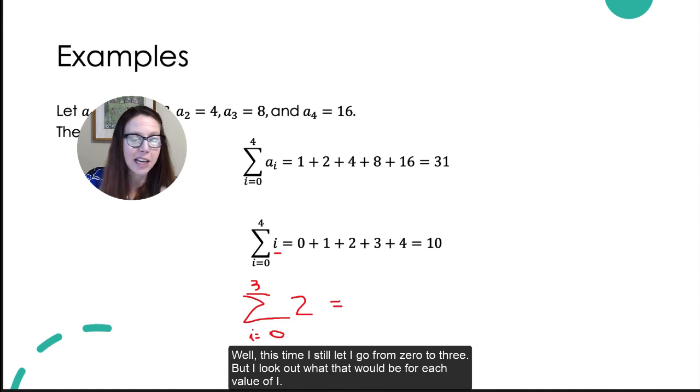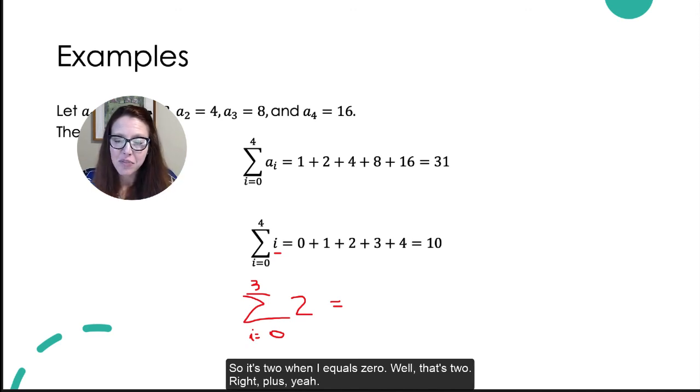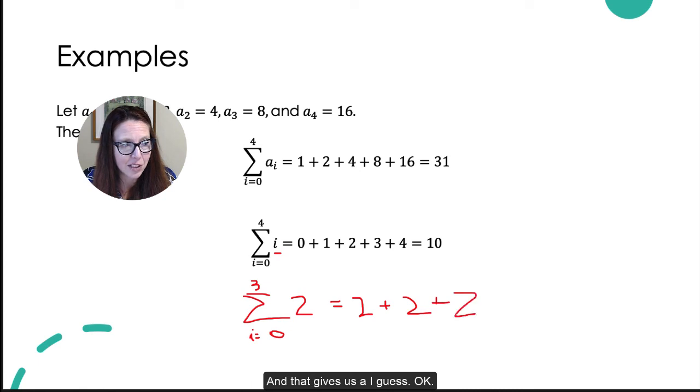Well, this time I still let i go from 0 to 3, but I look at what that would be for each value of i. So it's 2 when i equals 0. Well, that's 2, right? Plus, does that make sense? Plus 2, plus 2, plus 2. And that gives us the 8, I guess.